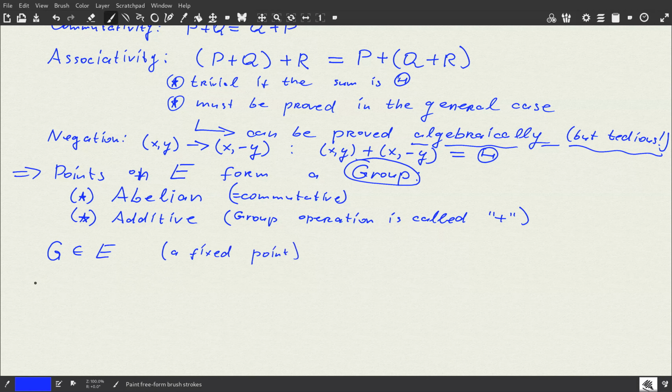Then we can define an operation NG, where N is a positive integer, which is G plus G plus G n times. So this is a multiplication of a point by an integer.